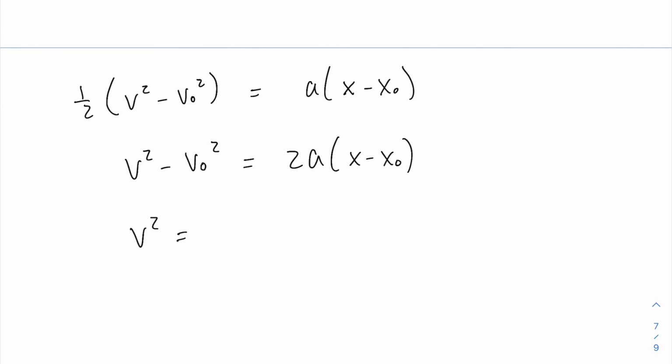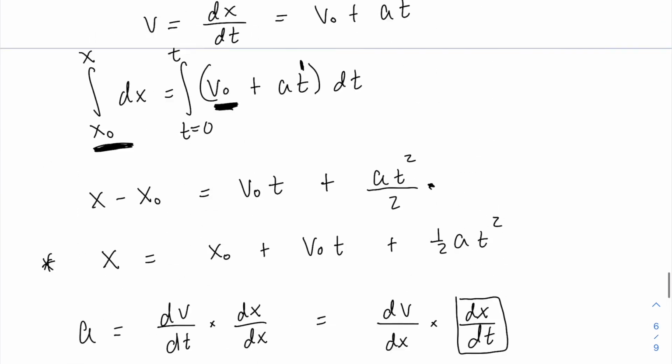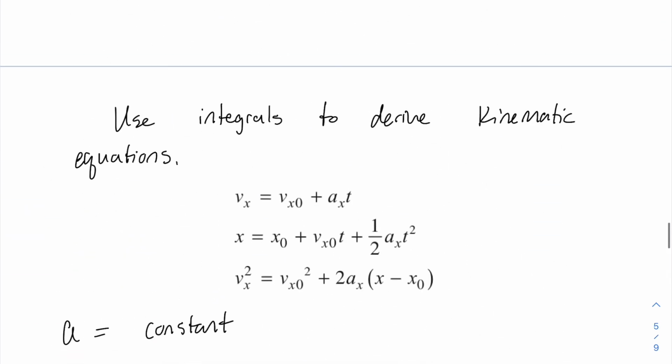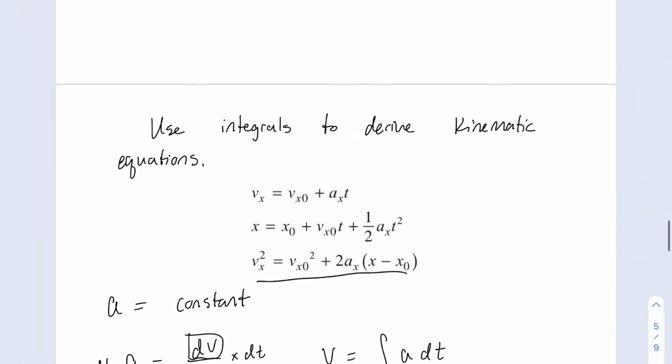And then solving for velocity, we get v squared equals initial velocity squared plus 2a (x minus x naught). And this is the last equation on the list right here. So that one's a bit tricky to get to.